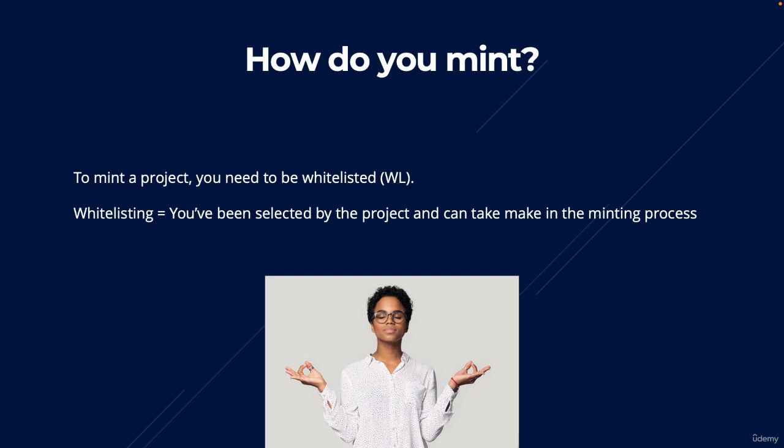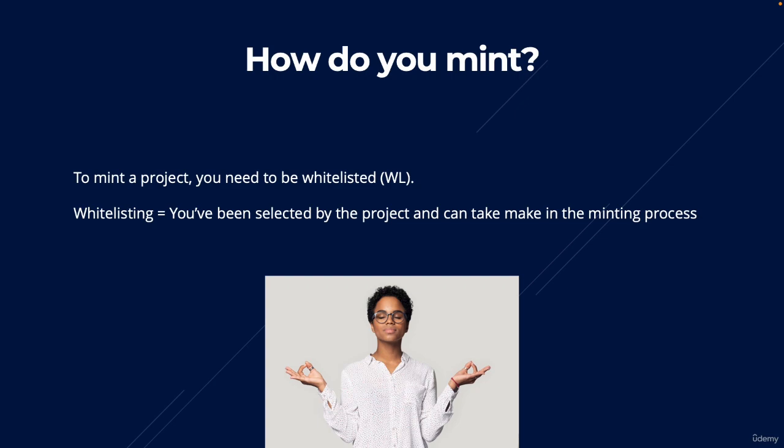And whilst that is a little bit true, there is a reason why the course is structured this way. And that's because you have to understand that before you mint anything, you need to find a project in the first place. Remember, the whole process is number one, you find a project that gets your interest. Number two, you then validate that project to make sure it's going to do well and get a lot of attention.